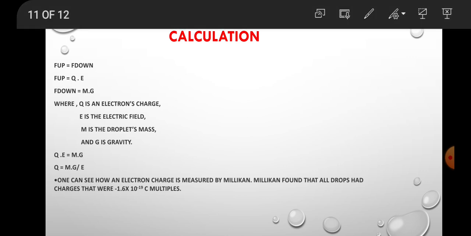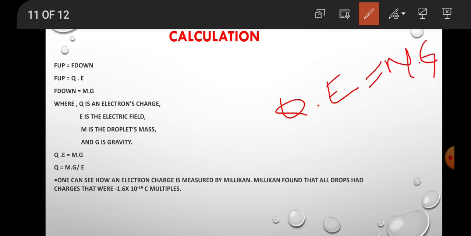So qE equals mg. When we find the charge of the droplets, then we can find the charge of the electron, and q equals mg divided by E.